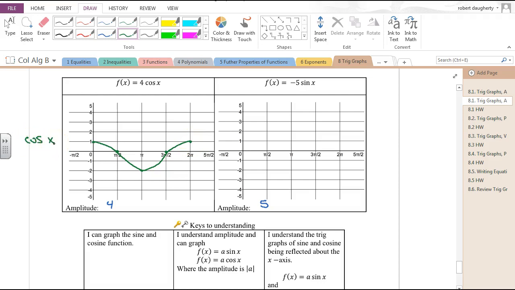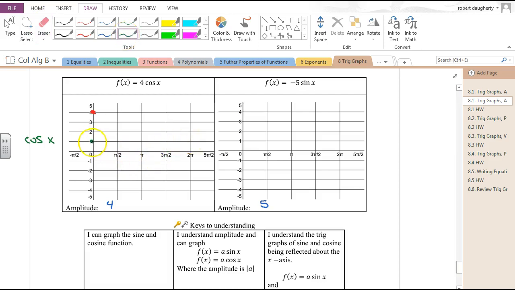So what do you think 4 times the cosine of x would be? What happens when you multiply that by 4? You get 4. What happens when you multiply 0 by 4? Stay where you are. I made a mistake here. I had mine going down to -2. Let me back up.